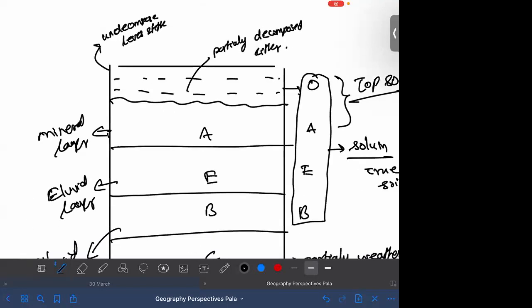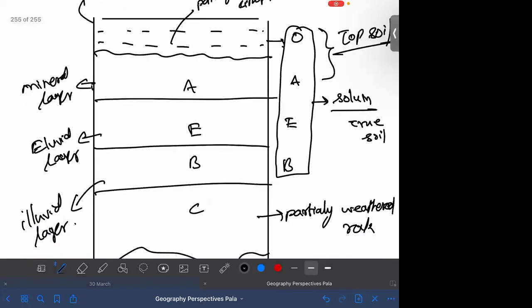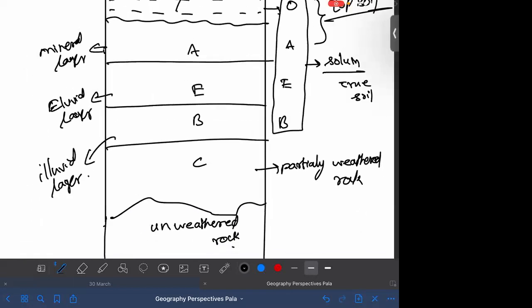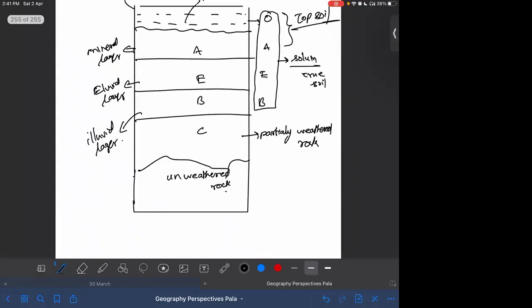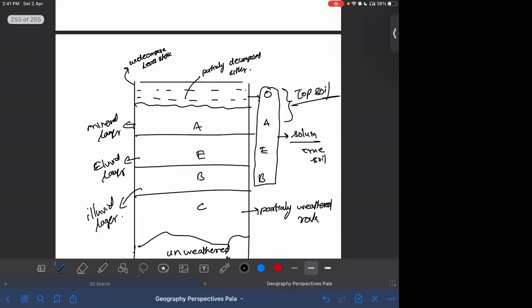We'll study it in detail as we go into it. But then we'll write a few things about this. Okay, so the O layer consists of three parts. You can say the layer of undecomposed leaves and litter and partially decomposed litter. Please write that.